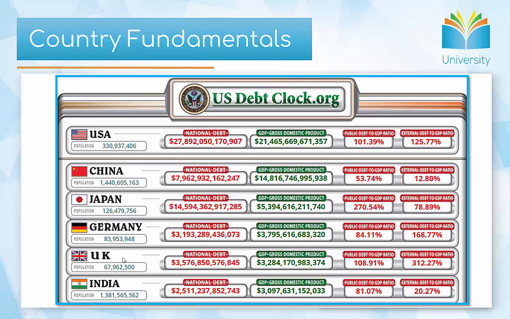We've got to consider those country fundamentals, and the weakest countries, the ones that you think are going to print money the strongest, the hardest, those should be the weakest currencies.